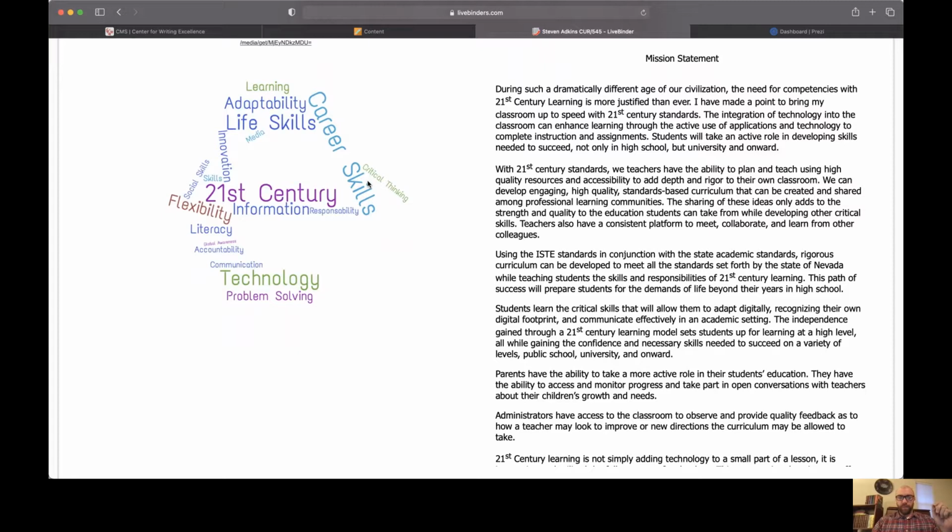We looked at our ISTE standards, and we're very fortunate. I live in Nevada, and our state standards for computer science and technology are almost a carbon copy of the national ISTE standards.